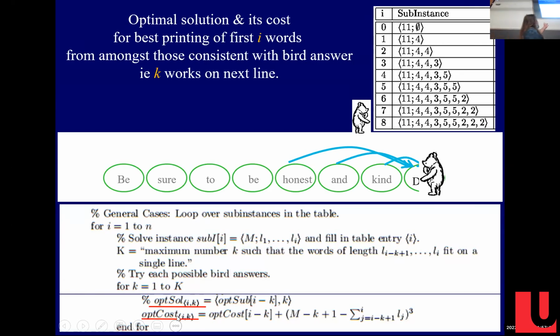Because the only thing you might have to change is, maybe I have a two-dimensional matrix of subinstances, in which case this is an indexing over I and J. And I've never heard of a two-dimensional device from birds, so that'll be a K. And then you'll have an IJK here. It'll be the best solution to your problem IJ, consistent with the bird answer K. That's what we're trying to find now.